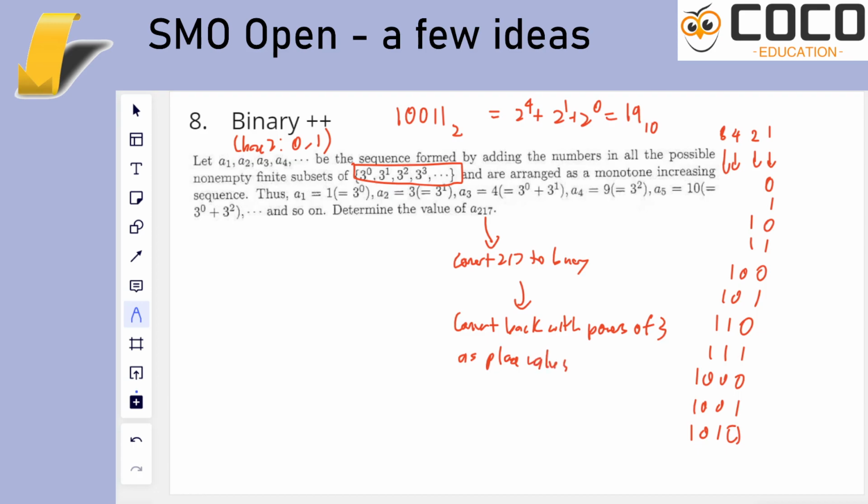So as an example, if I took the number 5, 5 is 4 plus 1, 4 is 2 squared, and so this is 101 in binary. And then 101 gets converted back into 3 squared plus 3 to the 0. Another way of thinking about it is that 2 squared plus 2 to the 0 becomes 3 squared plus 3 to the 0.